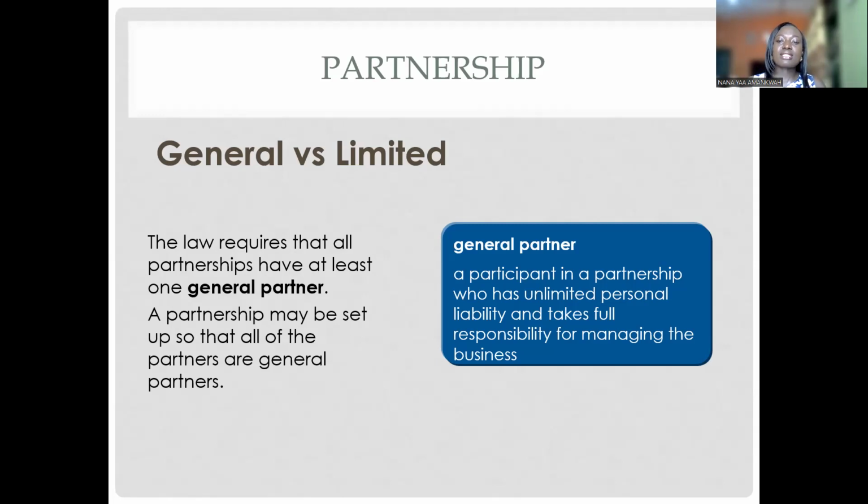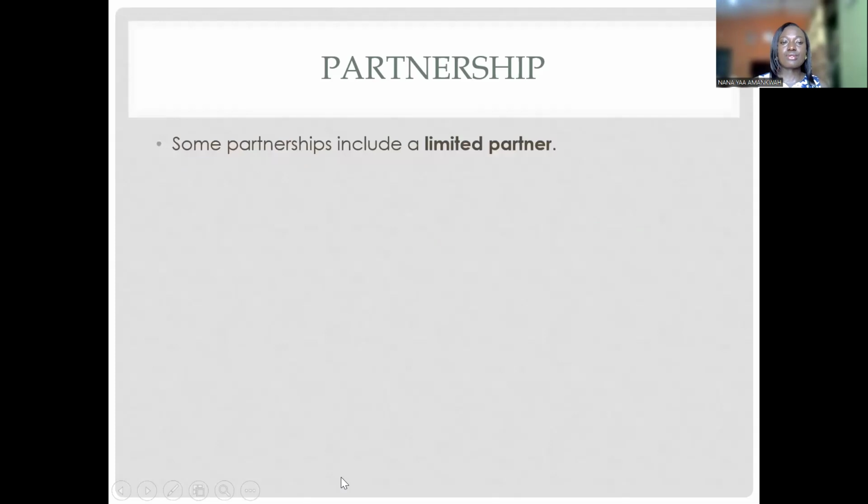That is what makes him a general partner. So personal liability is unlimited for the general partner. And every partnership, even if it's 2 to 20 members, what we are saying is that there should be at least one who is a general partner. Okay, and all of them can actually also decide to be general partners. There are pros and cons to that effect.